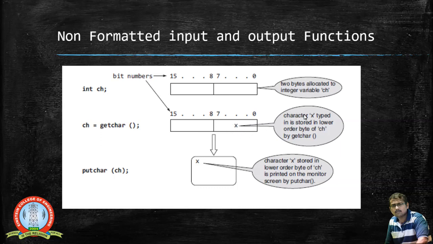Suppose I type the character x, and this x is stored in the lower order byte of ch. This is the higher order byte and this is the lower order byte, and the character I give is stored in the lower order byte. When the putchar function gets executed, it displays the character stored in the lower order byte, and it is printed on the monitor.